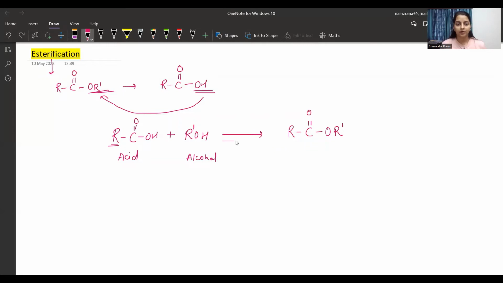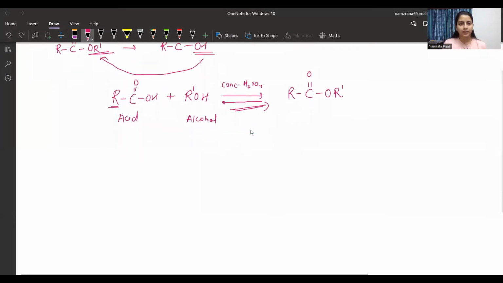Now, second important point about this reaction is it is reversible in nature. And the reagent used in this reaction is concentrated sulfuric acid, which actually helps for the forward of the reaction. That is, it is helping for the equilibrium to shift towards the right side.